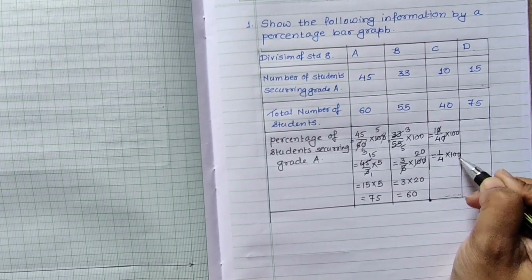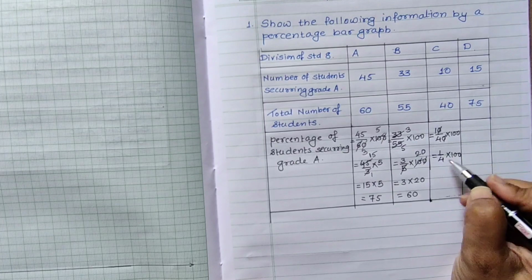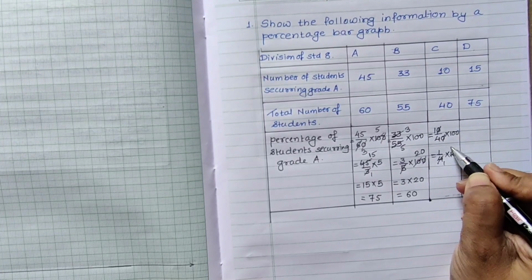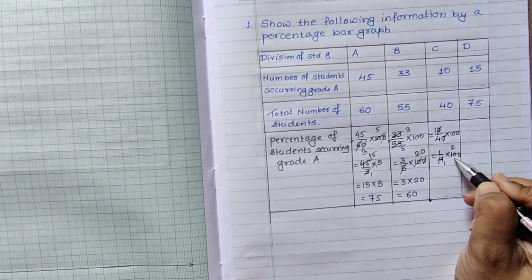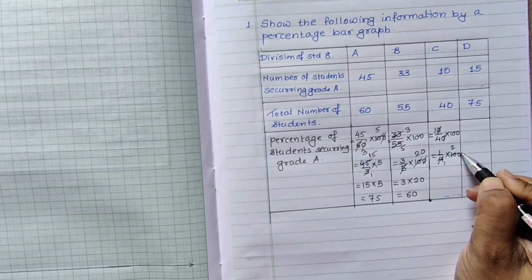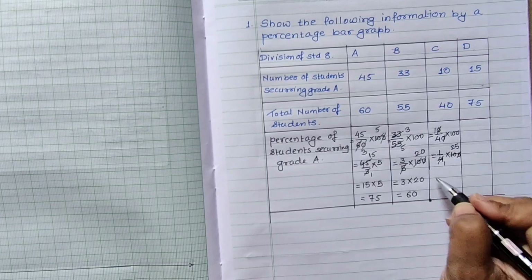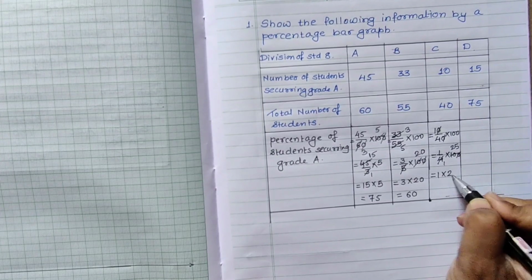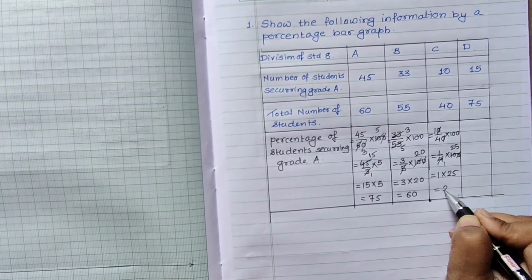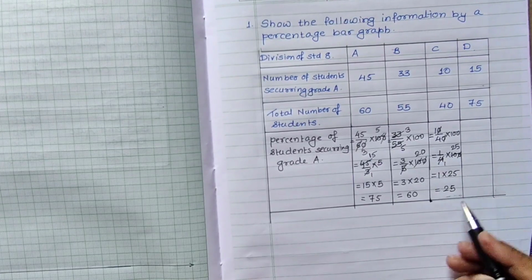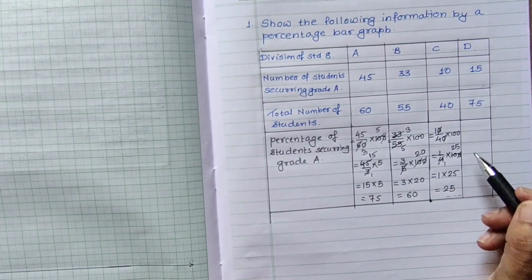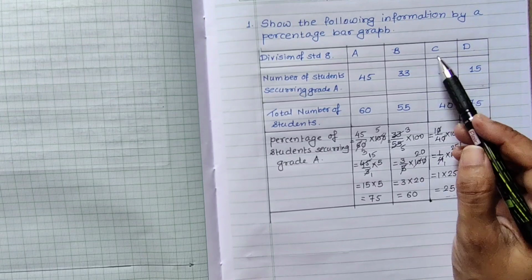Now 100 and 4 we can cancel. 4 ones are 4, 4 twos are 8, 10 minus 8, 2 remaining, and this 0 means 20. So 4 5s are 20. So we are getting 1 multiplied by 25. Answer is 25. So 25% students are securing grade A in division C.